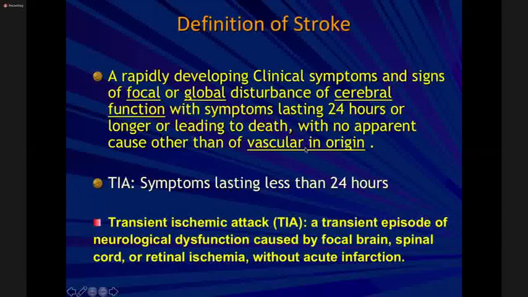The brain cells are ischemic, but still viable. So if you immediately open up the vessel, those cells are still viable and they return back to normal. Whereas if I say infarction, the cells are dead and gone. They are no more viable. So if I say stroke is a cerebral infarction, then you can't define it based on this 24 hours term.